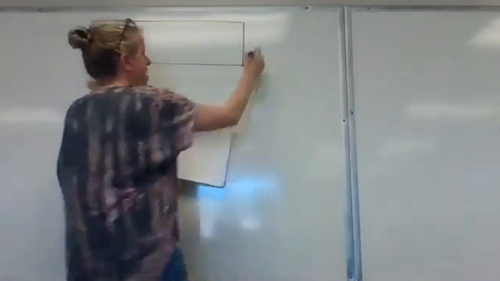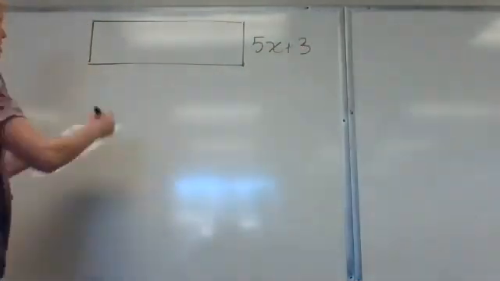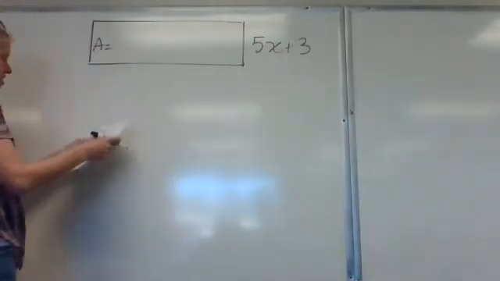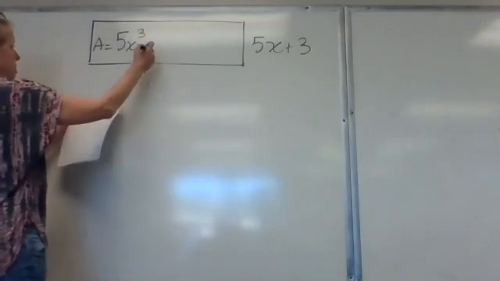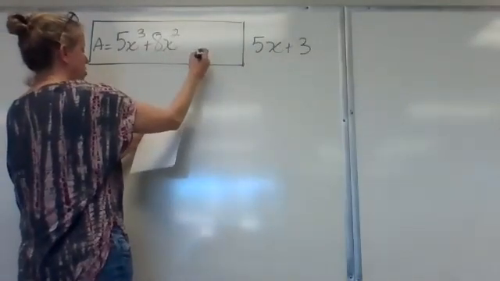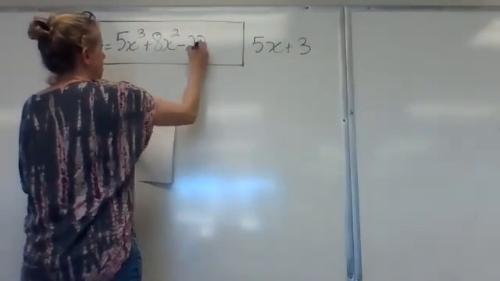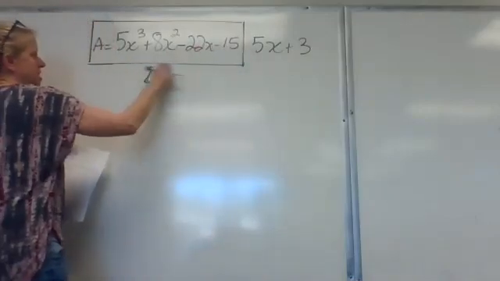It tells me the width is 5x plus 3. And it tells me the area is 5x to the 3rd plus 8x squared minus 22x minus 15. And it wants to know what is this length.